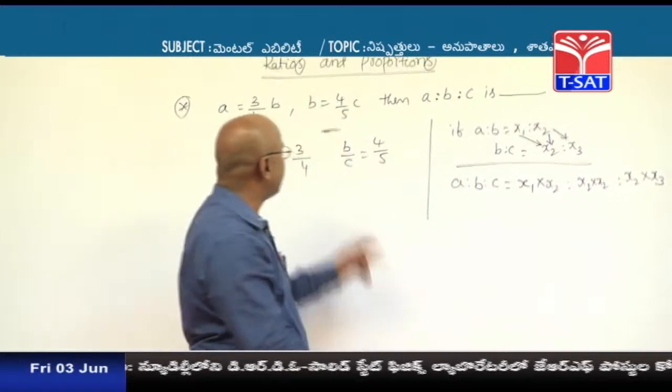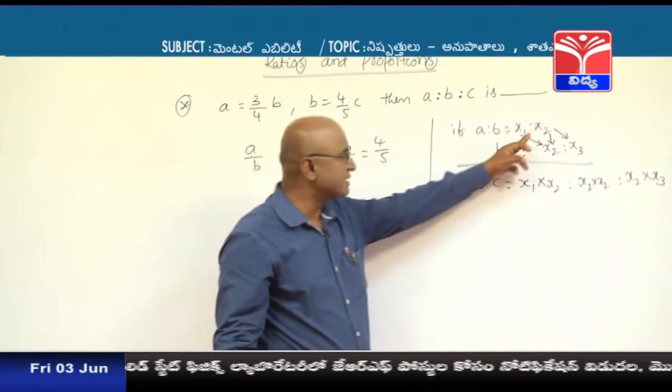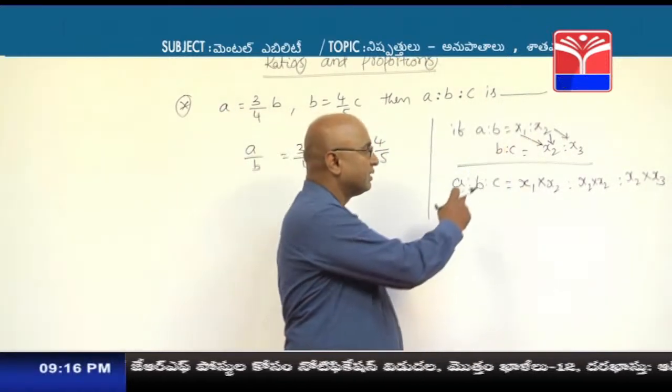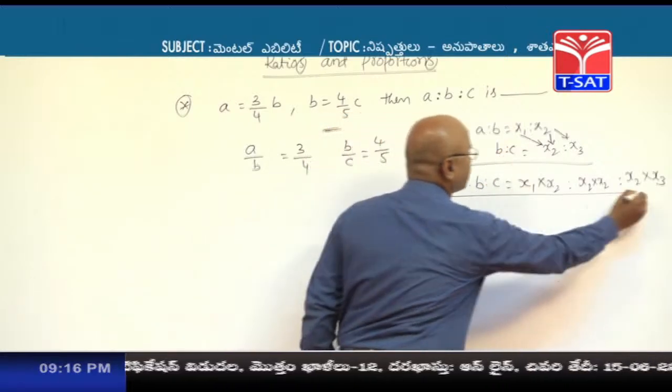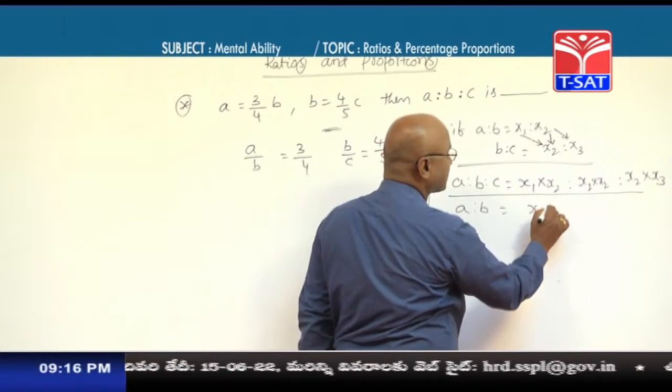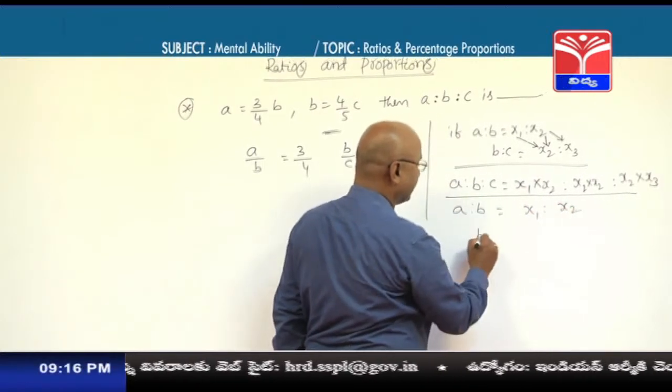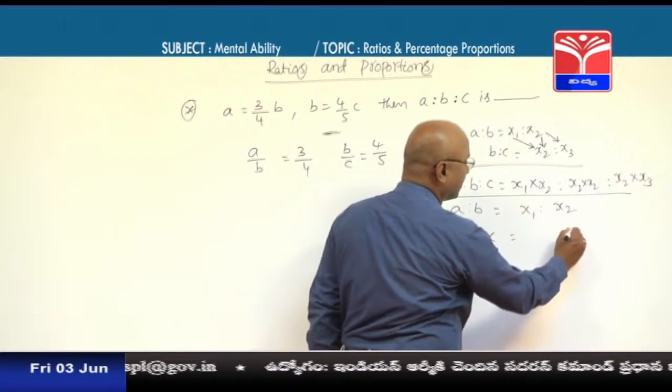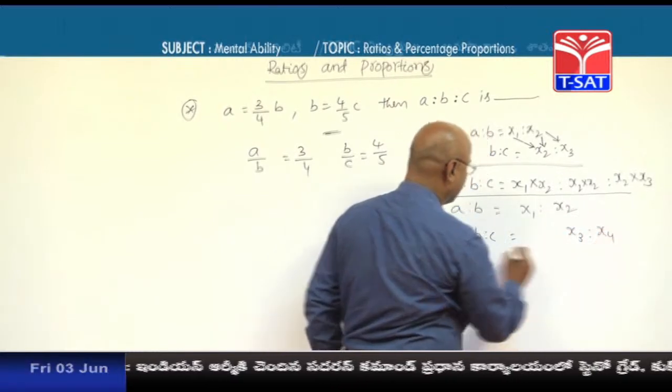Here x2 is the same, that is why I have written it as x2, or otherwise the same can be written as A is to B is equal to x1 is to x2 and B is to C is equal to x3 is to x4.